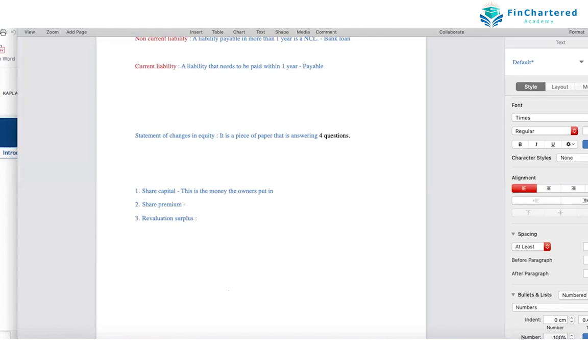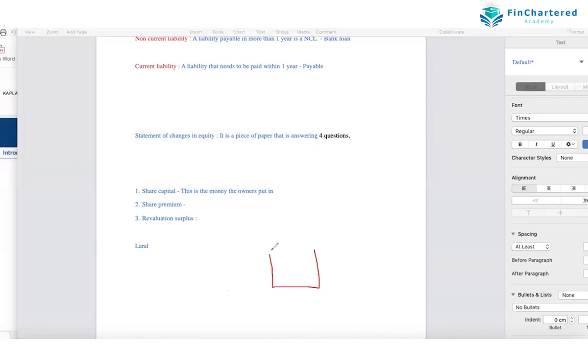Sometimes some assets of the company, for example, a building or land. Okay, this is my land, the plot of land that I have. When I buy it, it is 10 lakhs.